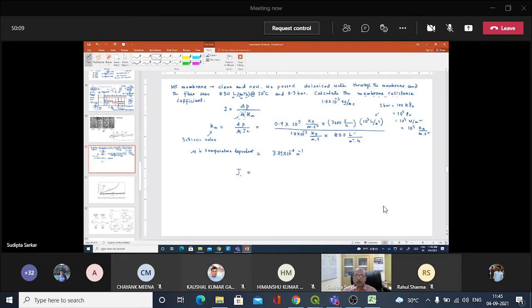The same way we defined our BOD equations, we can write J at any particular temperature Tm as J20 times 1.03 to the power Tm minus 20.